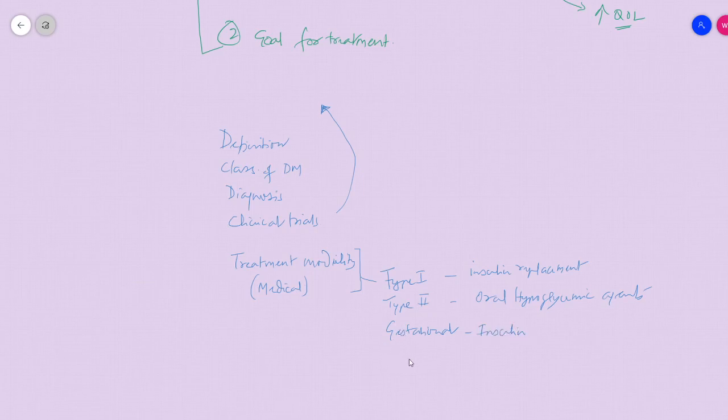And what about the other types which don't fit into this? If it is drug-induced, we can change those drugs which are causing diabetes mellitus, or if it is genetic, then again we can use any of these approaches to reduce the blood sugar. So this is the logic behind the treatment of the different types of diabetes mellitus, and that is what we have covered in this lecture.